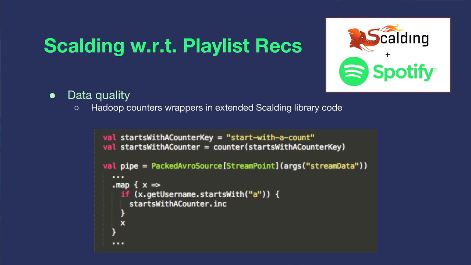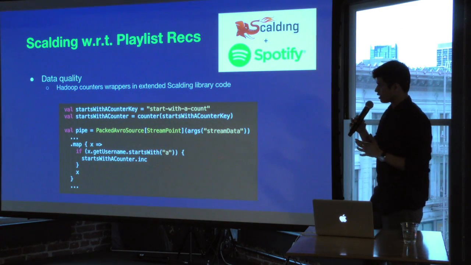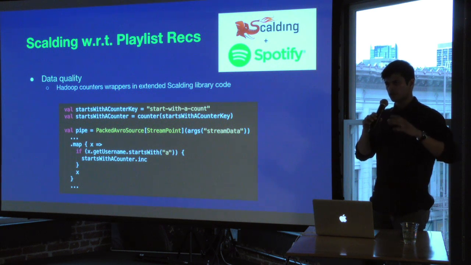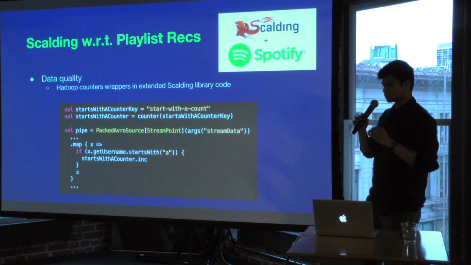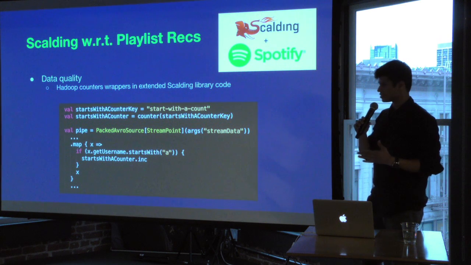Something that Scalding has also helped us with is consistent data quality. When you write Hadoop jobs, you would like to write them once and be sure that over time, as these jobs run, your data quality stays consistent. And what we've been using for that is Hadoop Counters. We have wrappers in our internal Scalding library code that help us track flows and count certain records in those flows and be sure that every day when this pipeline runs, we have the correct numbers.